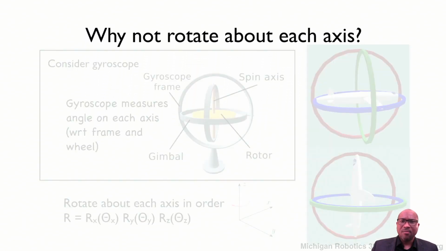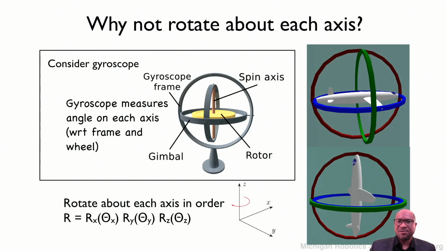that we might end up with certain conditions that are not so good. So consider a gyroscope. A gyroscope can represent these Euler angles, and as we get further inside, the rotation order is defined by the rings.